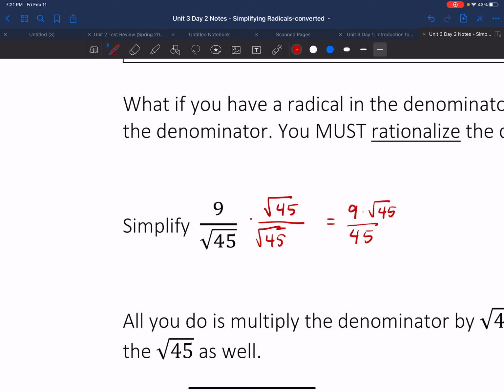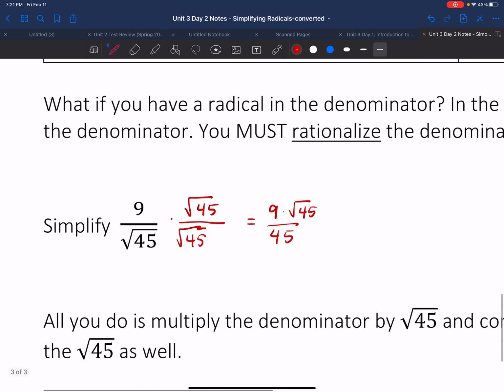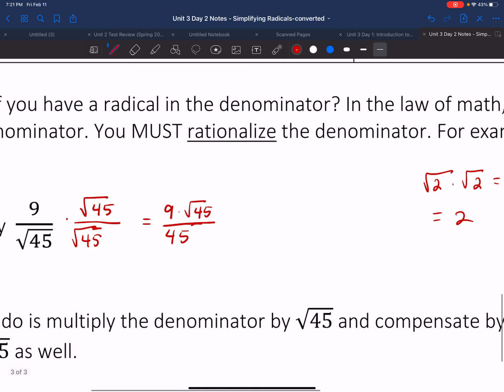Is this my answer? No, this cannot be your answer because you got to make sure that you simplify even further. Remember, we have to make our problems look nicer. Let's take a look at the square root of 45 again. Let's break that down: 5 times 9, 3 and 3. One of them goes outside of the radical sign. So I'm left with 3 times the square root of 5.